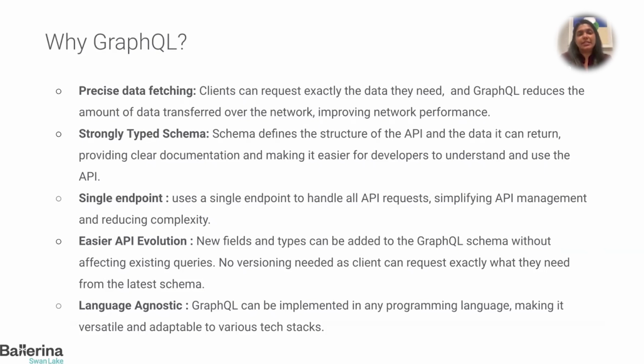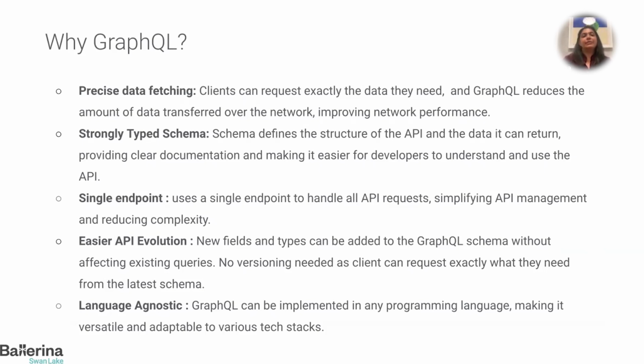Otherwise, the receiving party or the clients can break when they receive additional data. But with GraphQL, we don't have that problem because the client can still request the data that they were receiving so far using the same query, even though the latest API has additional data. So we can clarify it using some of the samples that we are using.